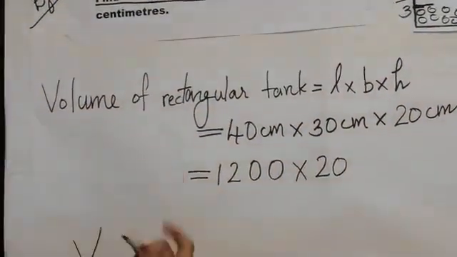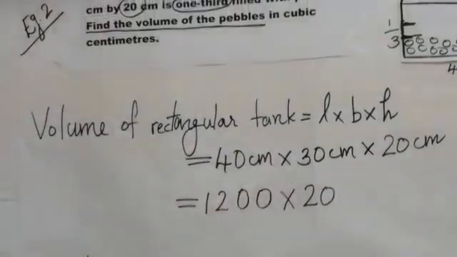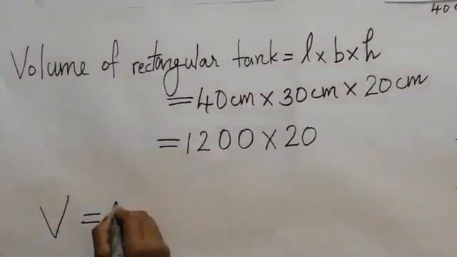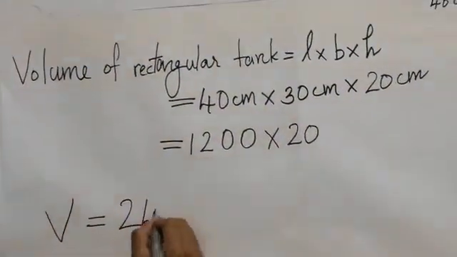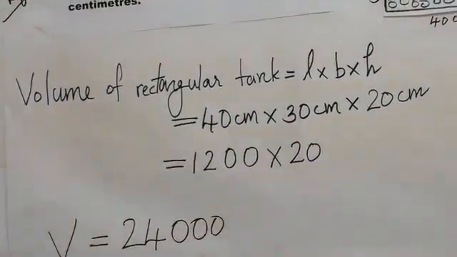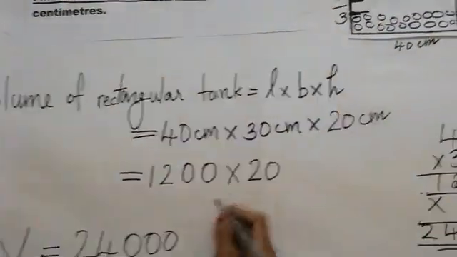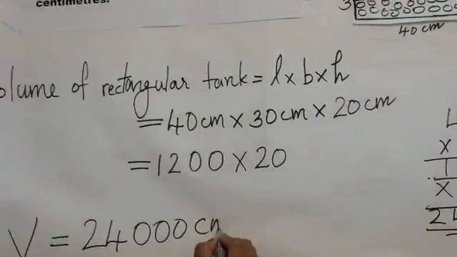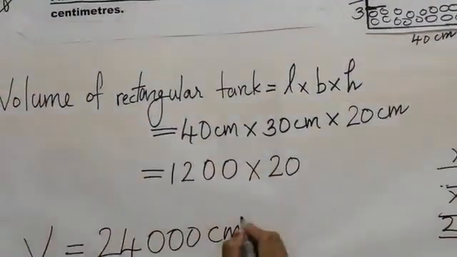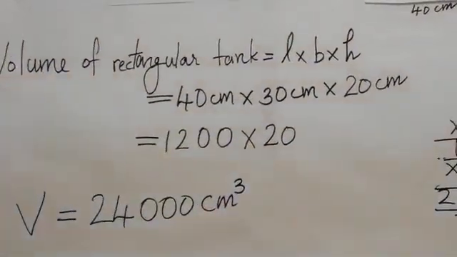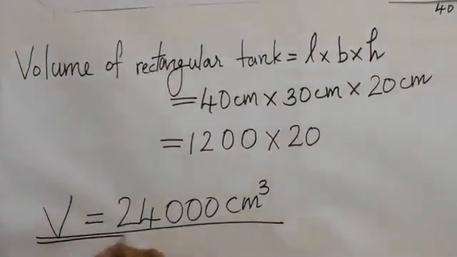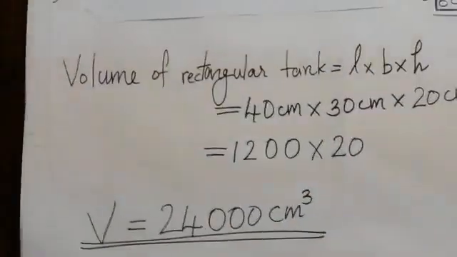Volume of the rectangular tank is equal to 24,000. And here the measurement is in centimeter. Side is centimeter. So when we write the volume, it should be cube, centimeter cube. So we found out the volume of the rectangular tank.